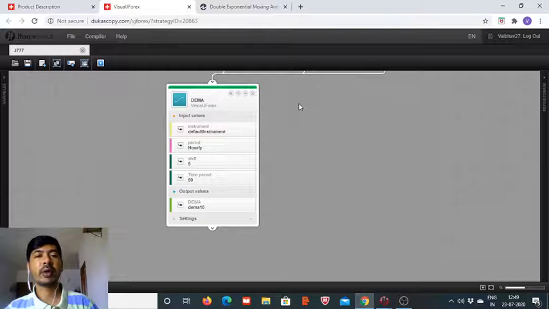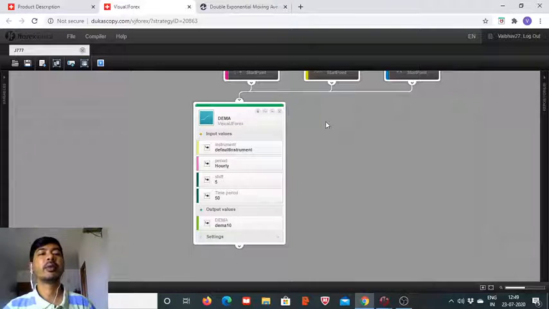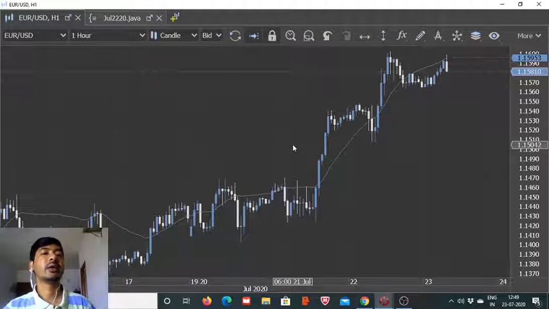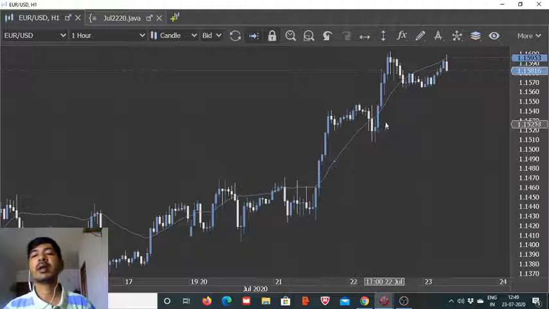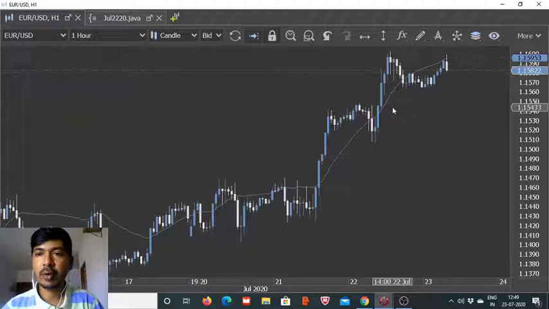So that's it for DMA, and as we are now coming to close, I hope you have been able to understand its functionality, and you will be able to use this in charting as well as in automated trading setup. And of course, I will be eager to get the feedback on how you are able to use this and develop your own profitable algorithms in coming days and months.